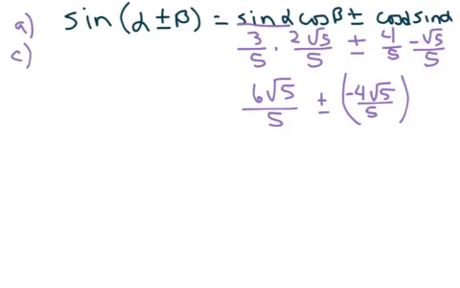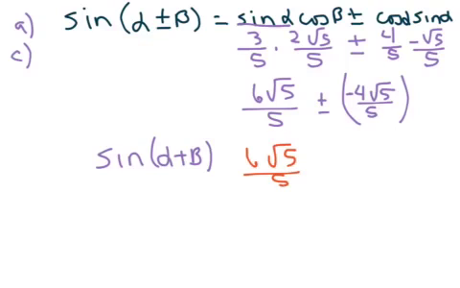Now all I have to do is split this up. So we're going to have two separate solutions. For sine of alpha plus beta, we're going to get 6 root 5 over 5 minus 4 root 5 over 5. Or you can say that this is 1/5 of 6 root 5 minus 4 root 5. It's not fitting in. So let me squeeze it in some. I'll just do it down here.